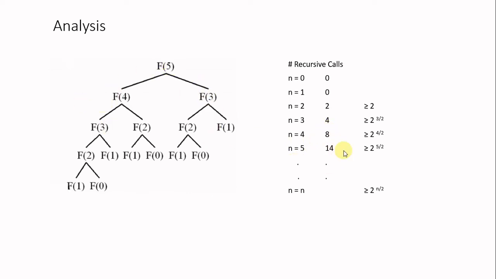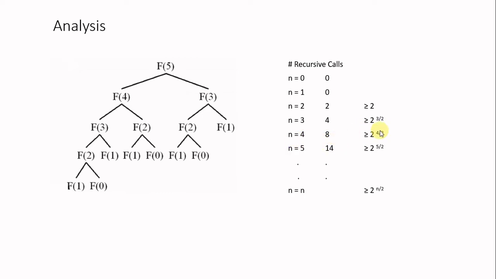You can compute for all values of n up to n. So when n is equal to 2, there are 2 recursive calls, and this value is greater than or equal to 2. When n is equal to 3, this value is 4, and that is greater than or equal to 2 power 3 by 2. For n equal to 4, that is 8, which is greater than or equal to 2 power 4 by 2.